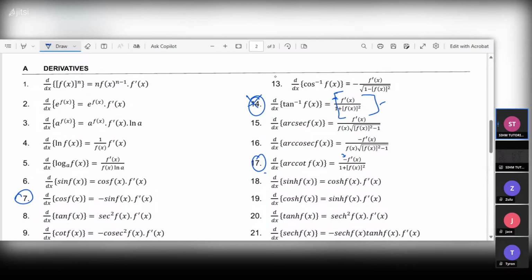When we come here, number 13, we have the derivative of the cos inverse. So there we have b squared minus a squared all times by sine x.